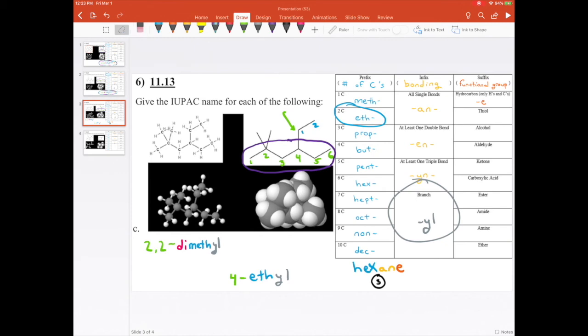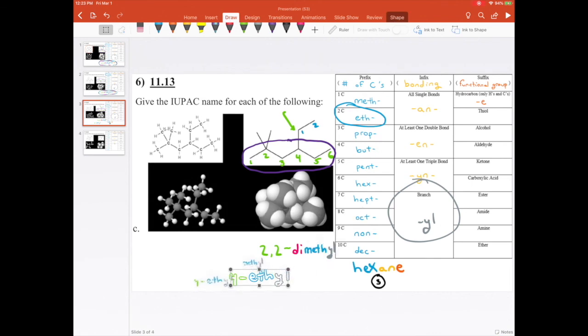So you'll have 2,2-dimethyl going right before hexane, and then 4-ethyl coming before that, sorry.